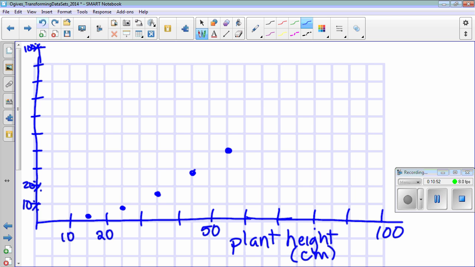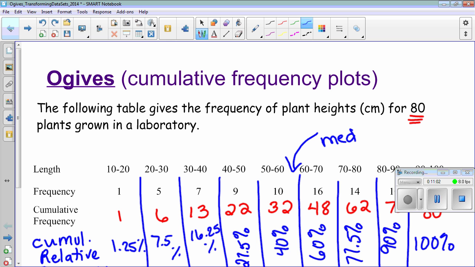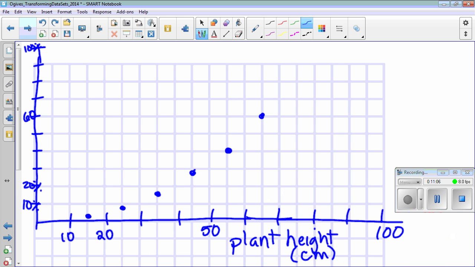Oh, 30, 40, 50, 60, right? Okay, so 55, 60%. Next. It's hard if you don't know. So 75 is 77.5%, right about there. You seeing the shape of this curve so far?